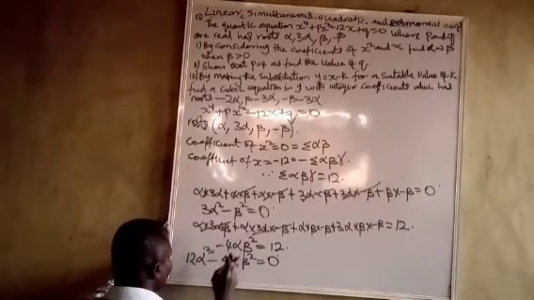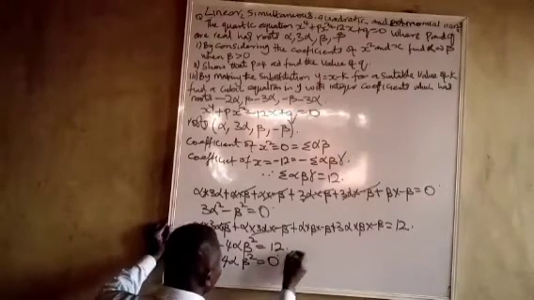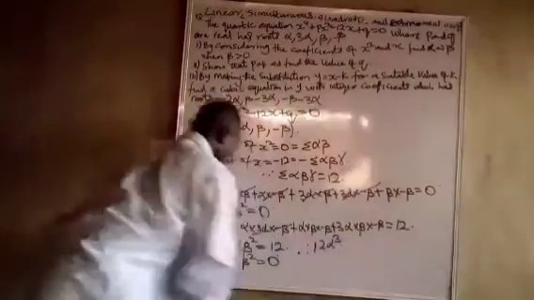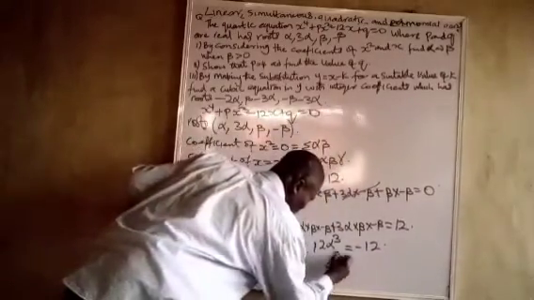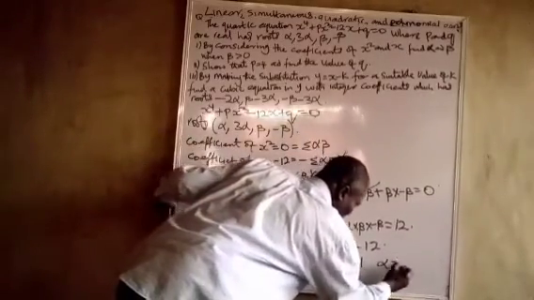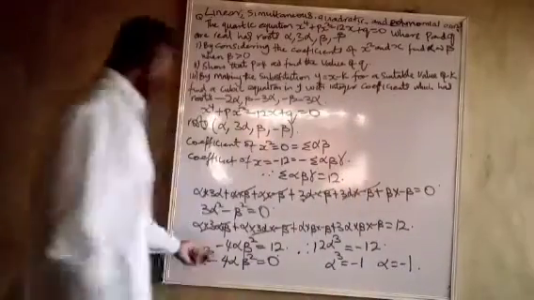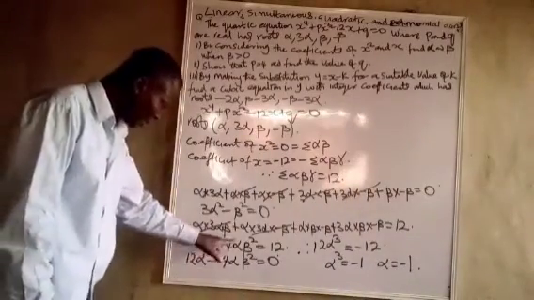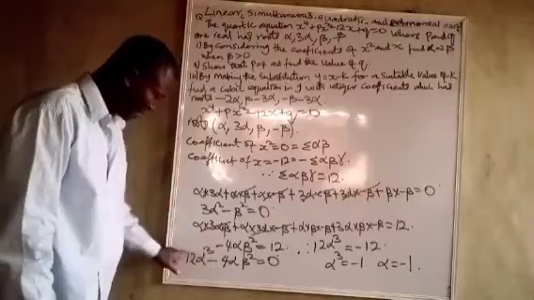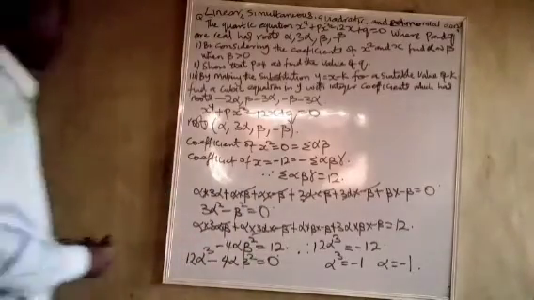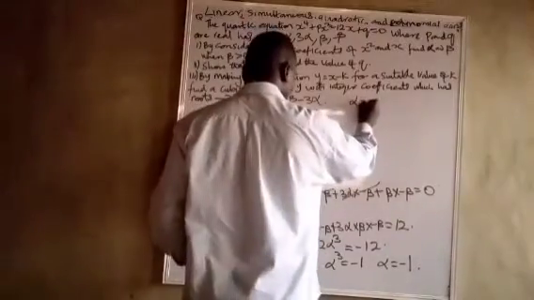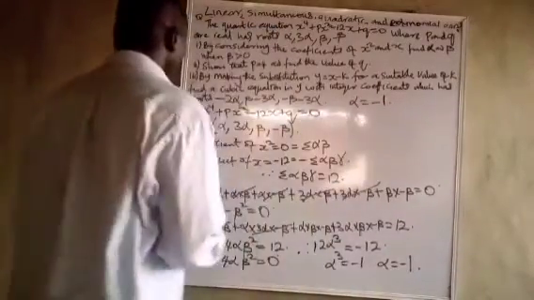Now let me subtract the other equation from this one. The beta terms cancel and the right side becomes minus 12. So 12 alpha cubed is equal to minus 12, so alpha cubed is equal to minus 1. Alpha is equal to minus 1. Please try to follow what I did here: I subtracted one equation from the other so that the beta term cancels. So we have gotten our alpha.